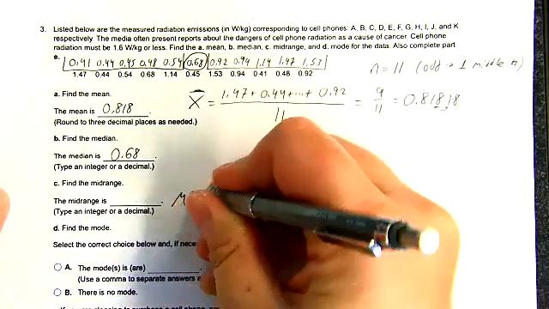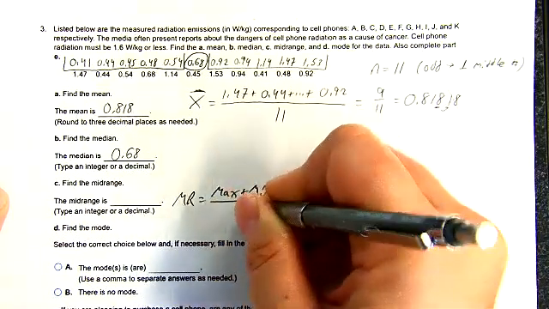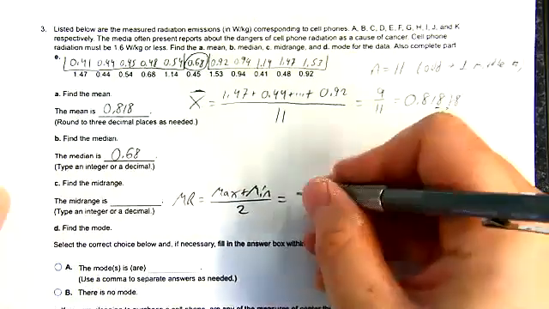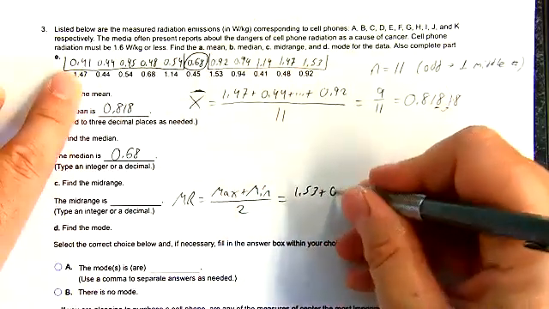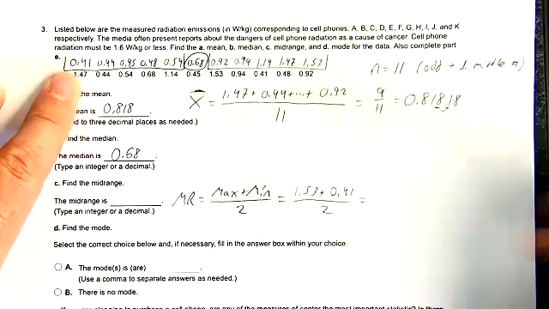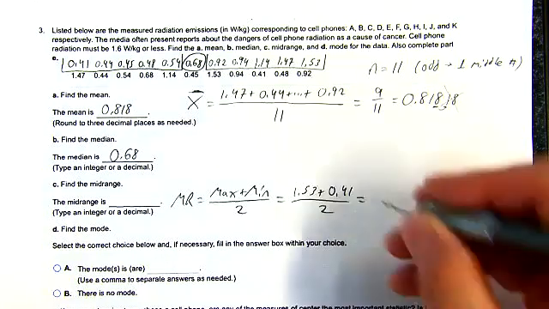Mid-range, take the biggest number plus the smallest number, add them up, divide by 2. 1.53 plus this 0.41. If you do that, you'll get 0.97.